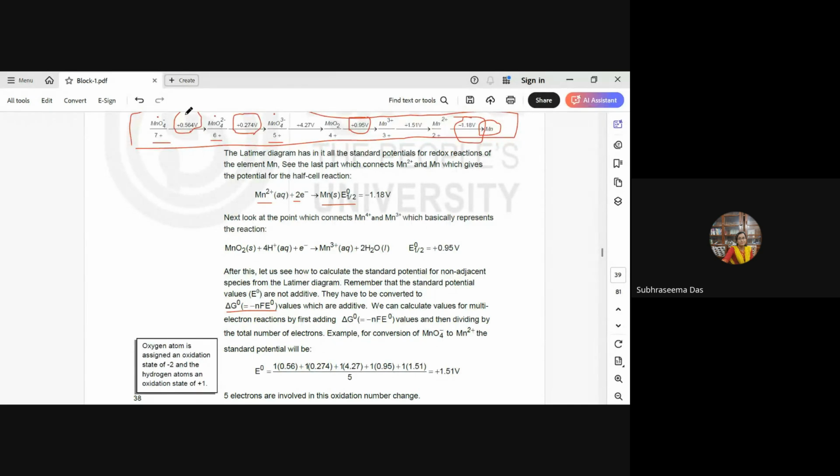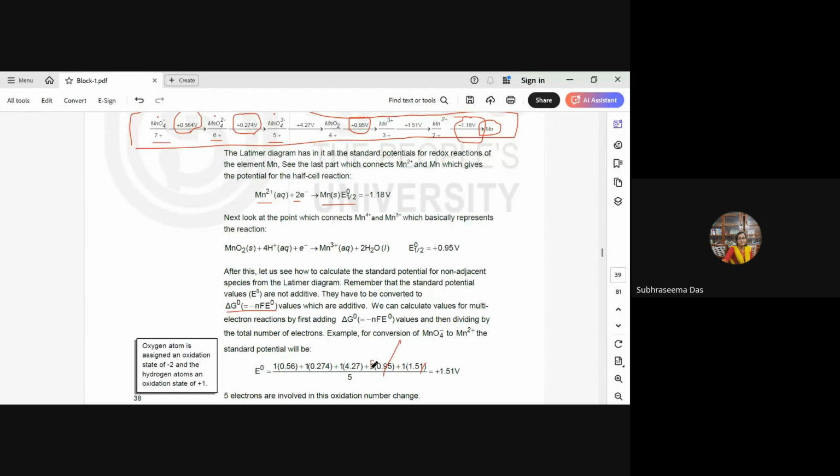For 7 to 6 it is 0.56, then 6 to 5 it is 0.274, then 5 to 4 it is plus 0.27, then 4 to 3 it is plus 0.95, and then plus 3 to 2 is plus 1.15.